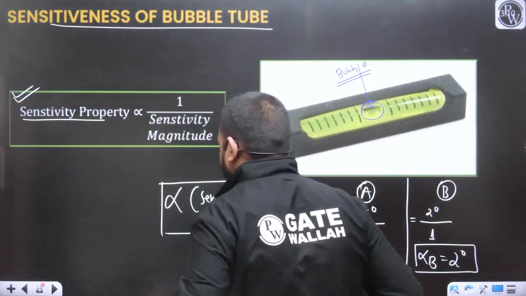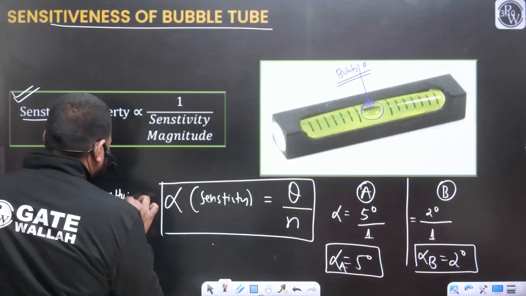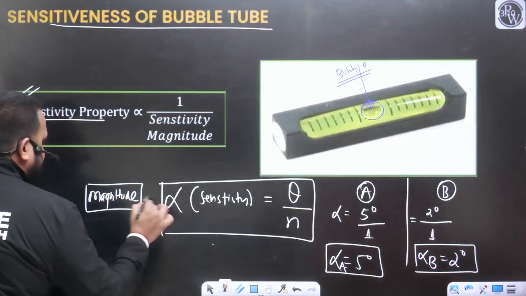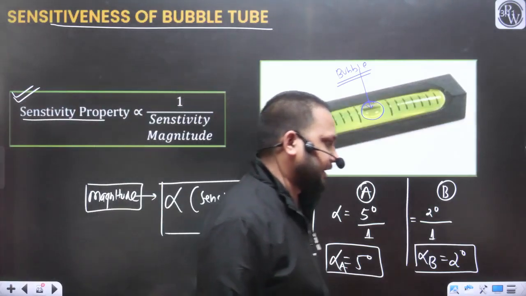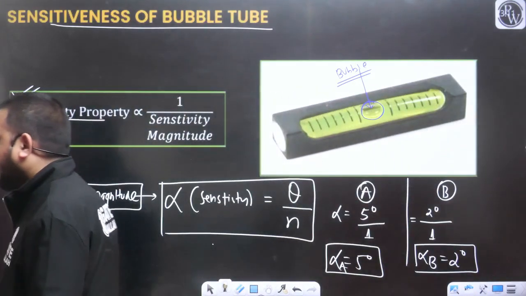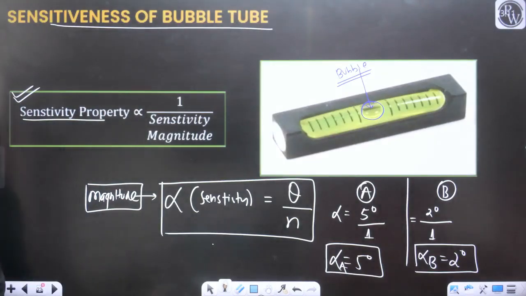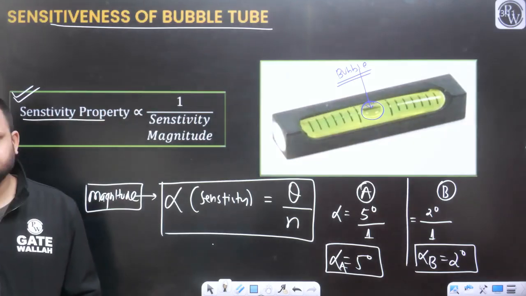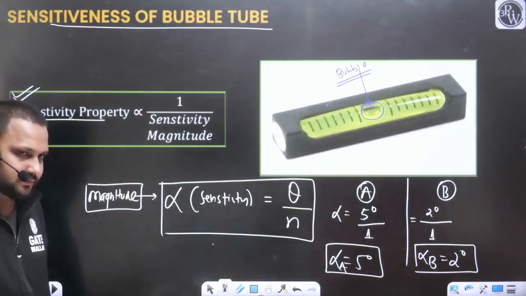So in this way, you can calculate the magnitude of the sensitivity for any bubble tube. Can we move further, yes or no?